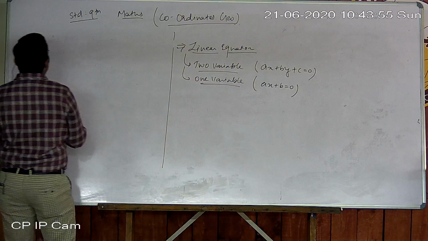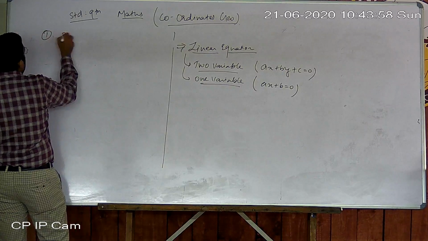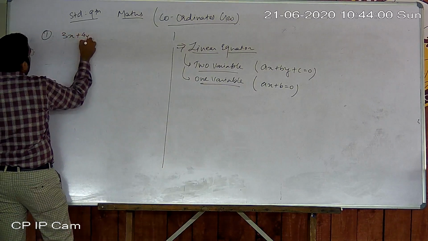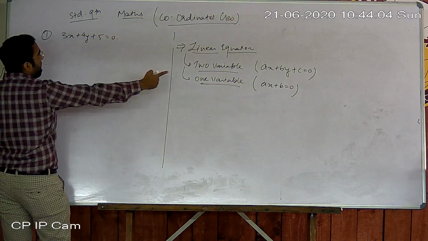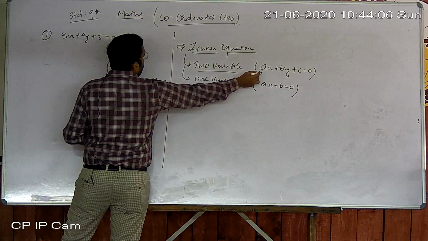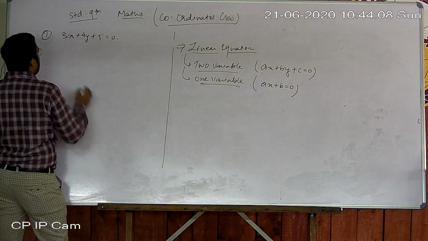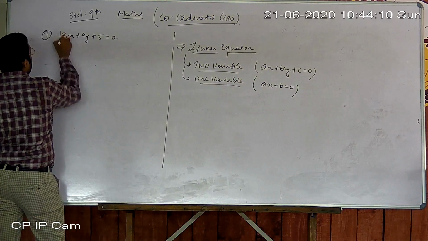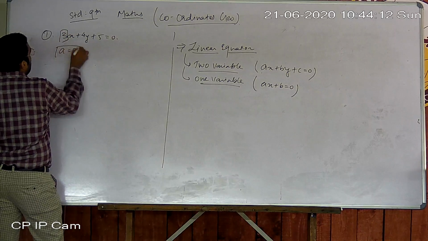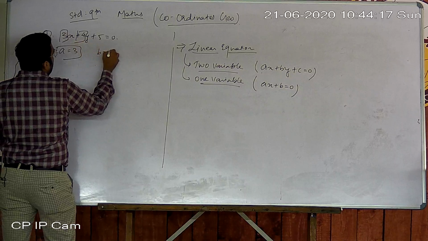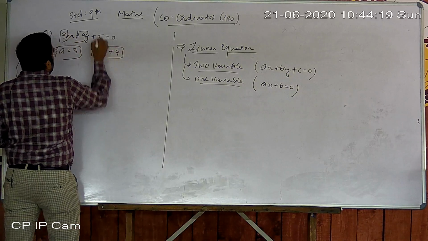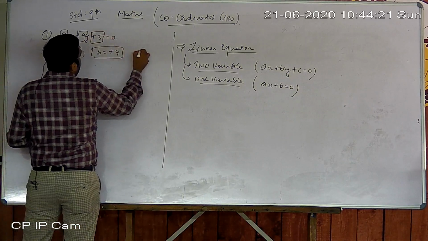The first equation is 3x plus 4y plus 5 is equal to 0. As per the standard form, the value of a is 3, the value of b is plus 4, and the value of c is also plus 5.